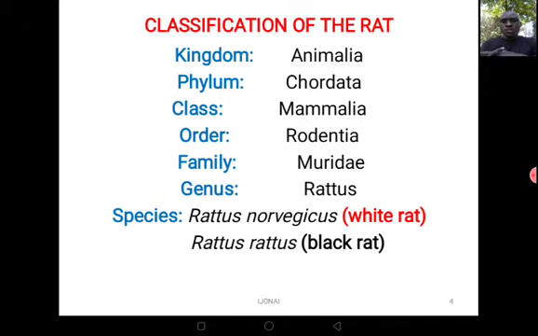So we have 7 major taxa that we use in classification: kingdom, phylum, class, order, family, genus, and species. You remember in our senior one, they told you the way of cramming them. You would say that King Pharaoh could order for good soup. I don't know what your teacher told you.